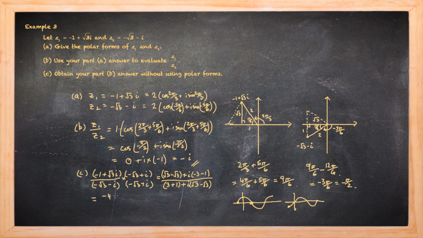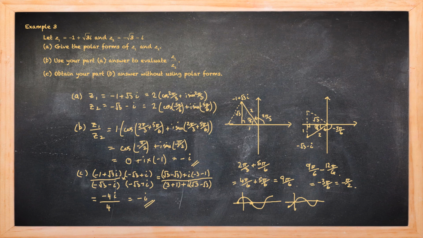So we get negative 4i on the top of the fraction. Real part on the bottom is 4, and the imaginary part is 0, so that's 0i. So negative 4 divided by 4 is negative 1, negative 1i, which is what we had before.